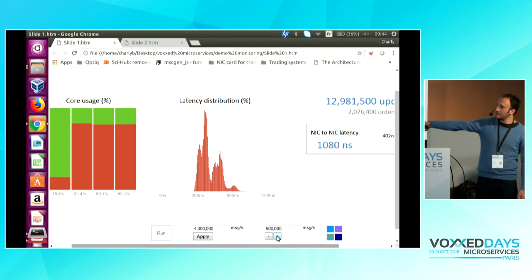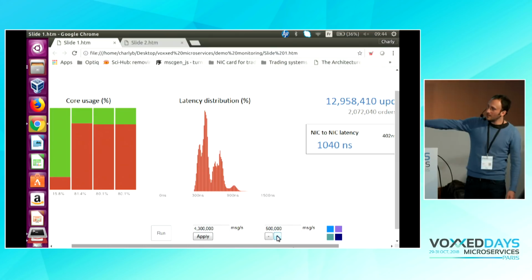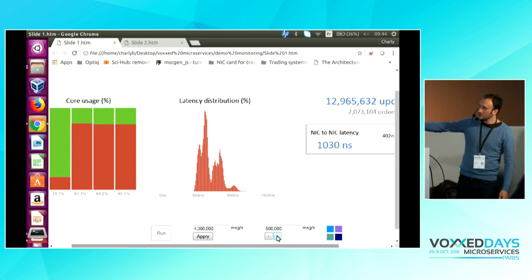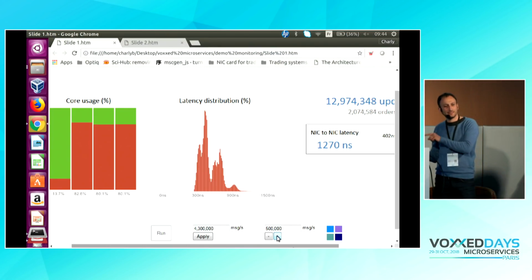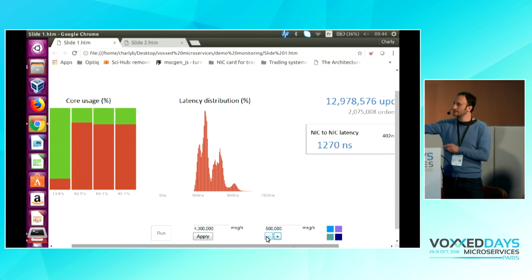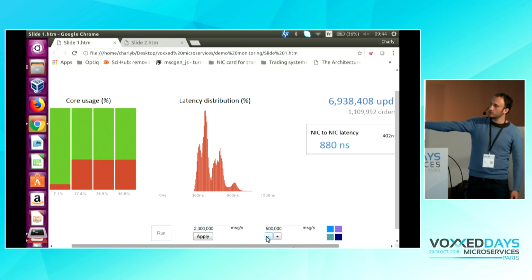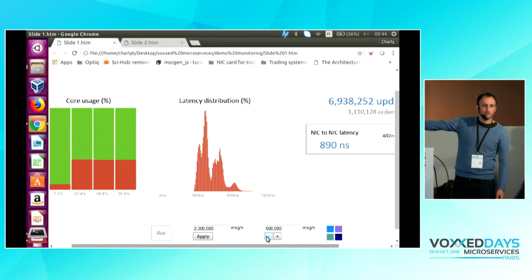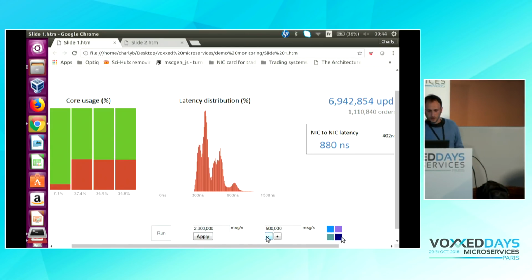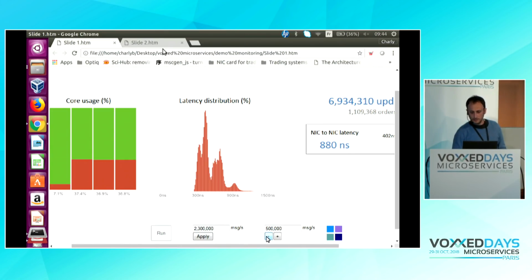Why do you have this like that? You have this because of the cache coherency protocol. This is exactly the communication time between this core and this one. That's what we see there. And actually, let's do something else.